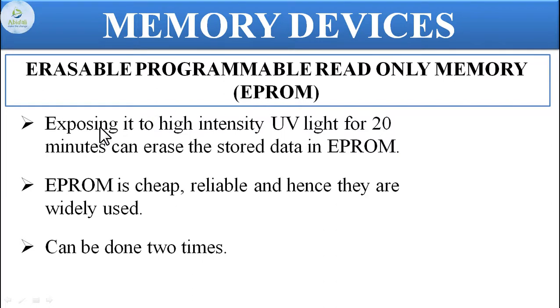When the programs have already been recorded and you want to erase the contents and rewrite the ROM contents, you have to expose it to high intensity UV radiation, ultraviolet light, for about 20 minutes, so that the stored contents will be erased.